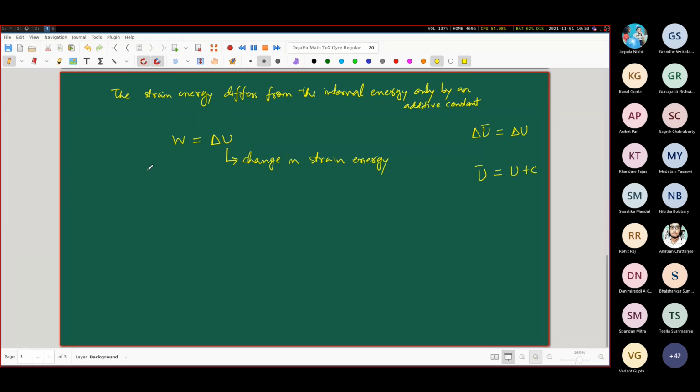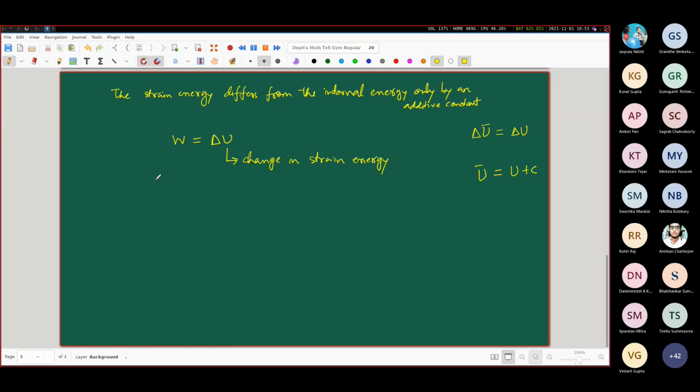So now we have a certain way of proceeding towards finding these changes in strain energy. Why? Because we are familiar with ways of calculating the work done in various kinds of systems.